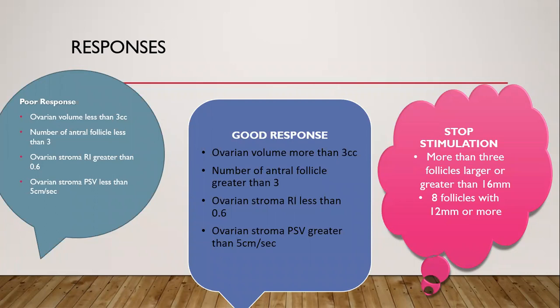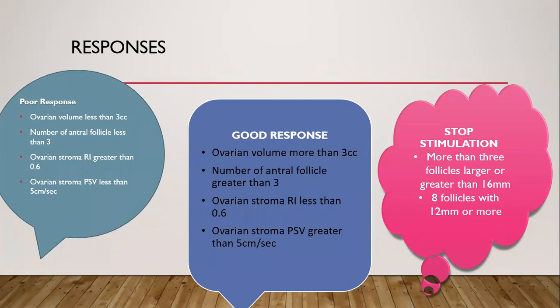Then you also need to look at the antral follicles. Under poor response, they should be less than 3. If the prognosis is good, they should be more than 3.